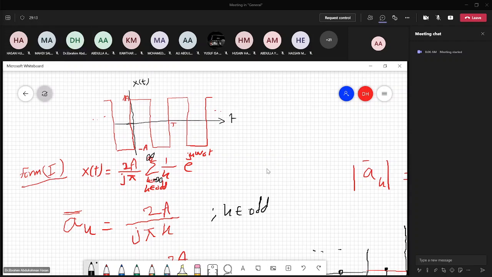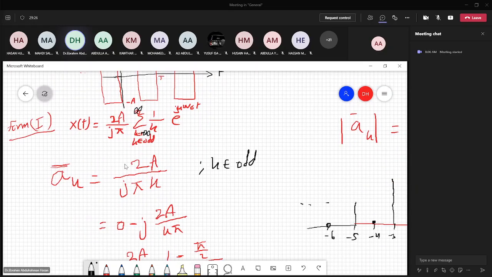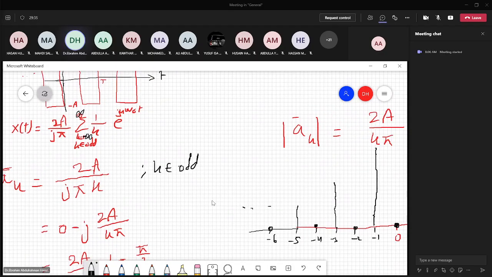So if it is given, or you have a solution for form number 2 or form number 3, then you need to find a_k. From a_k, then you need to find the magnitude and angle. Okay, then you can draw the spectrum.